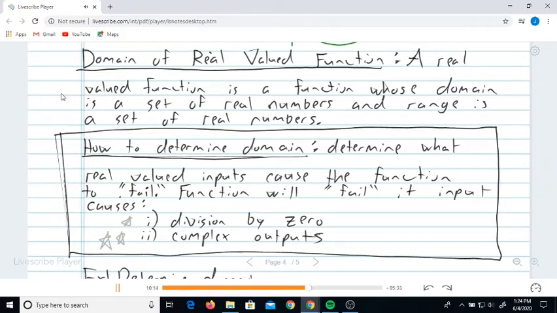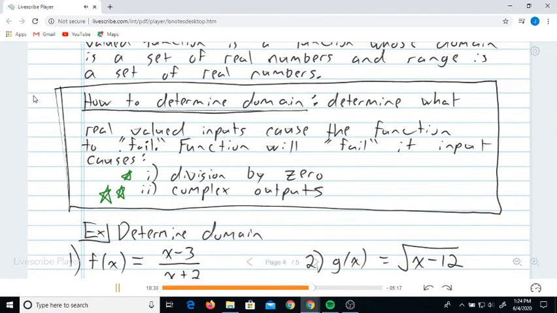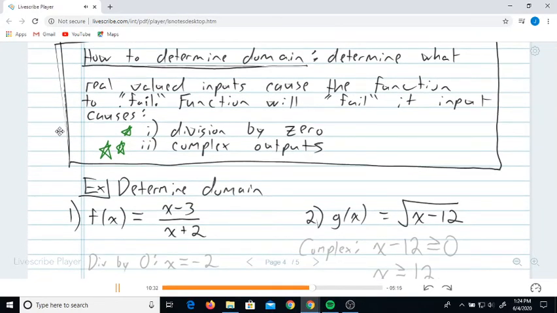So if we're talking about a real valued function, we need to make sure that if we plug in a number, it puts out a number, and specifically a real number. Thus, we need to be concerned with division by zero and complex numbers. So the strategy with determining the domain of a real valued function, instead of focusing on what works, you want to focus on what doesn't work. So you want to figure out where the function fails to function.